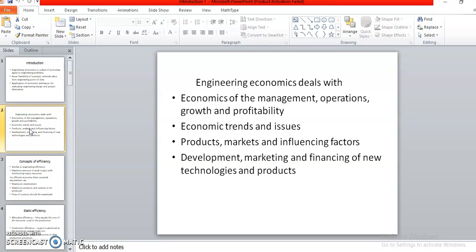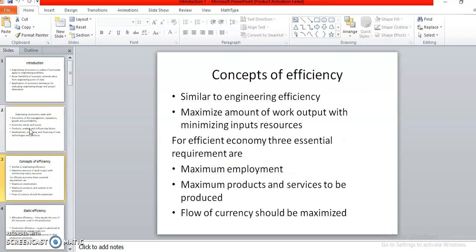So these four topics or four points are related to engineering economics. We can study them in the next topics. Now we can introduce the concept of efficiency. Efficiency is nothing but output divided by input.